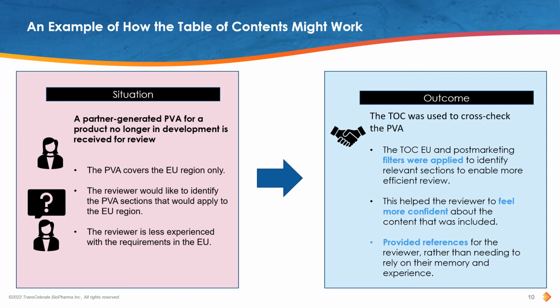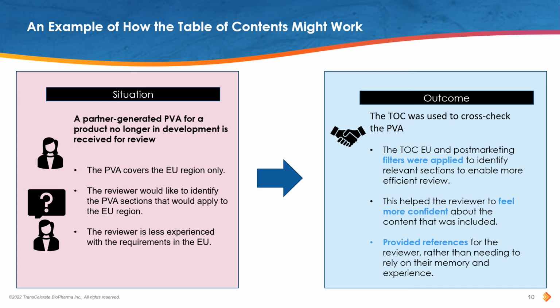In the first example, a company received a PVA that was created by the partner company. The scope of the PVA was for a product that was no longer in development and was marketed in the EU only. The PVA manager that received the PVA for review is not very familiar with the requirements in the EU and is newer to their role. They would like to use a reference to cross-check the partner-generated PVA to confirm the relevant EU-related post-marketing content is included.